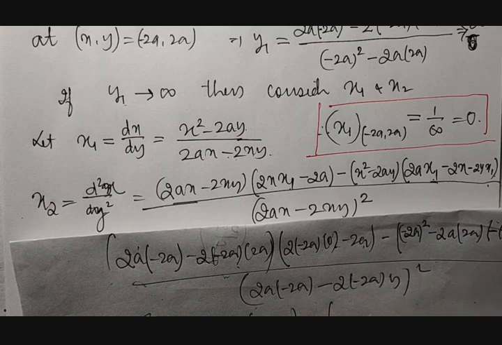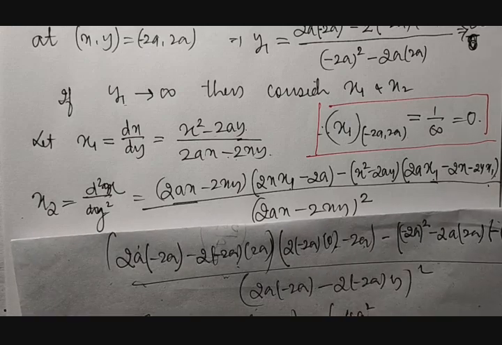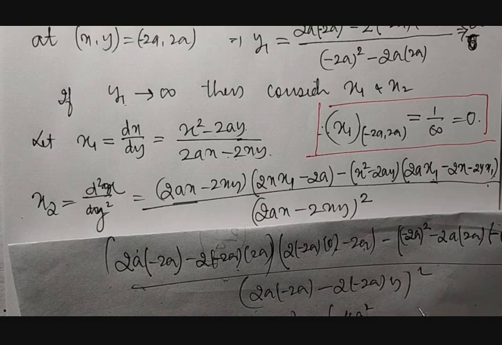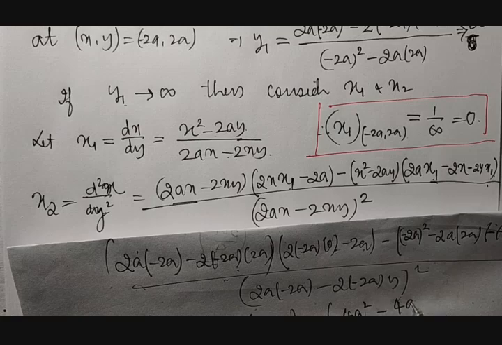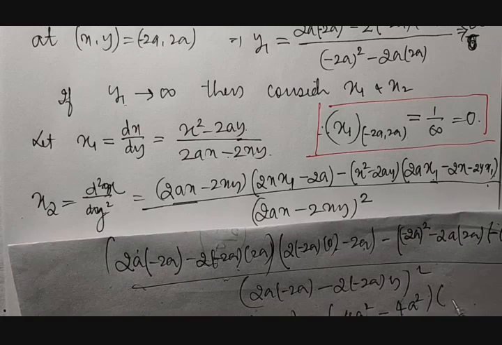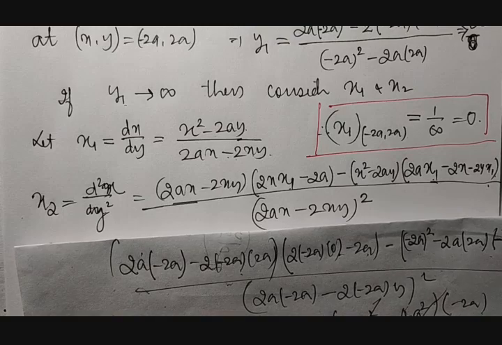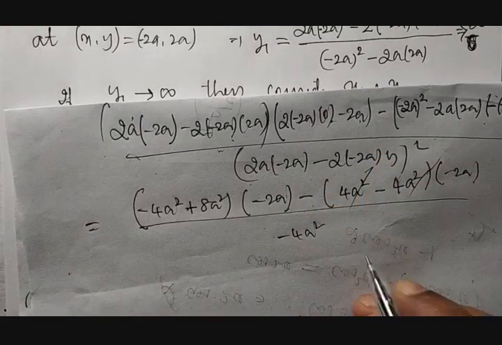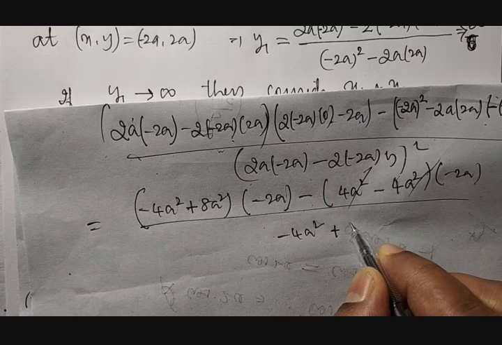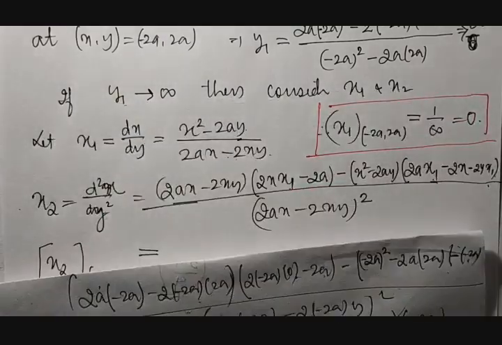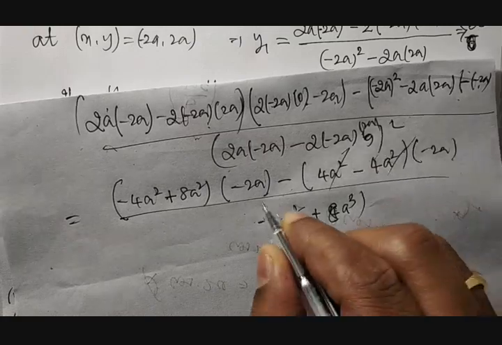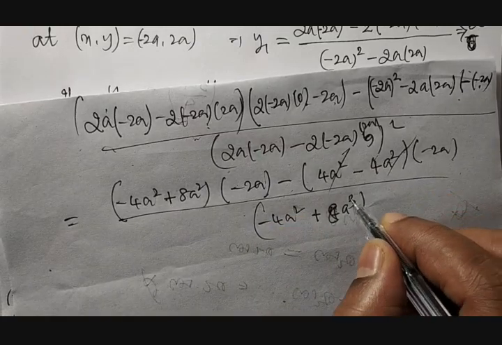Minus 2a square is what? 4a square plus 4a square, minus 2 into 2, 4a square, into minus 2a, but here this is gone, so divided by minus 4a square minus 4a square minus of minus plus 4a, and this y is again 2a, so it is 8a square the whole square.